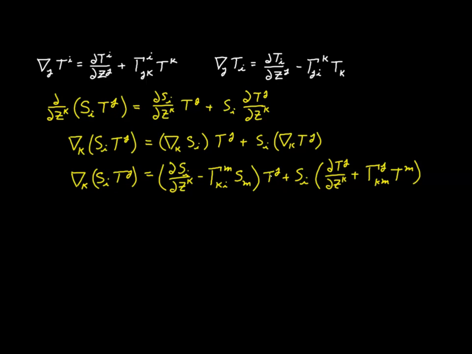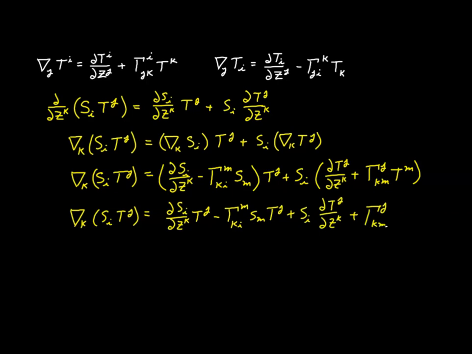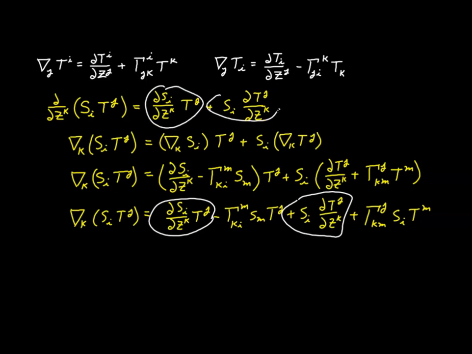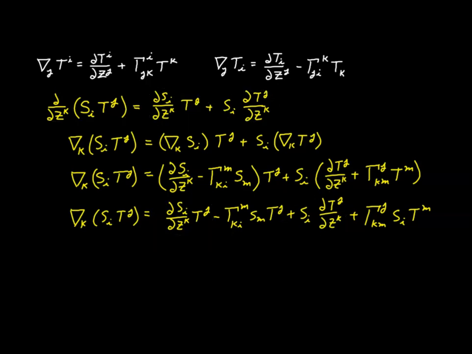We'll multiply T^j by both of these factors and S_i by both of those factors. All right, now if you look closely, you'll see that this term plus this term is the same as this term plus this term. And that means that these two taken together is equal to this. Thus we can write our final expression like this.